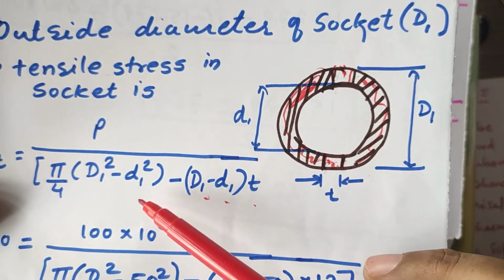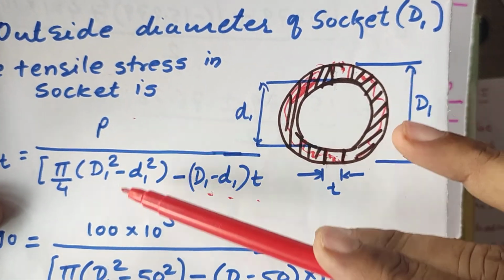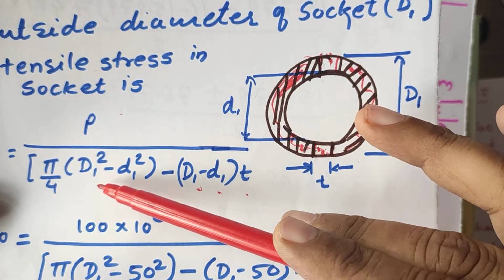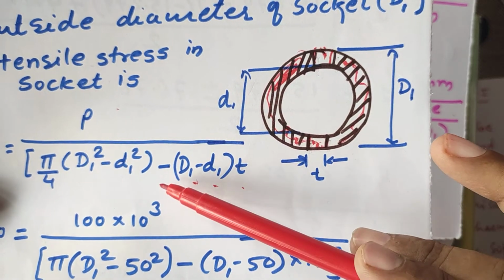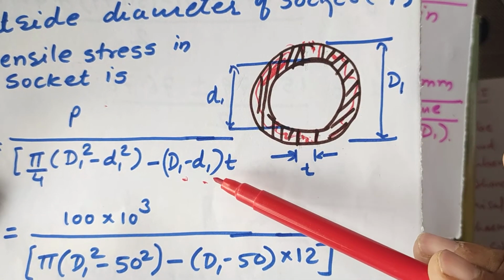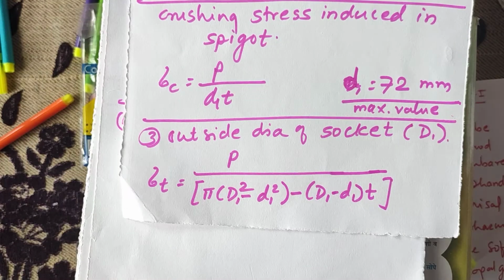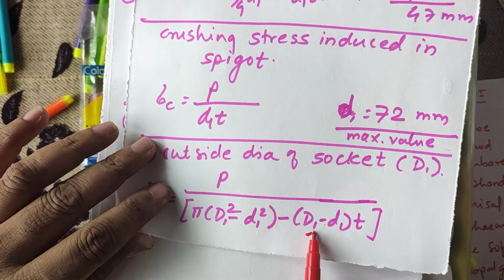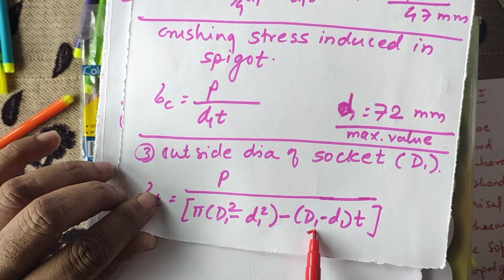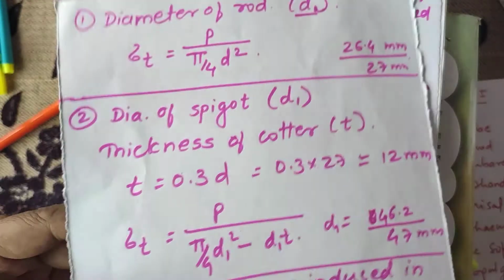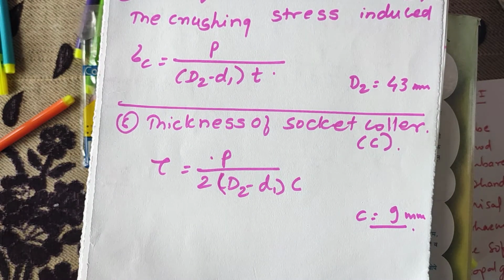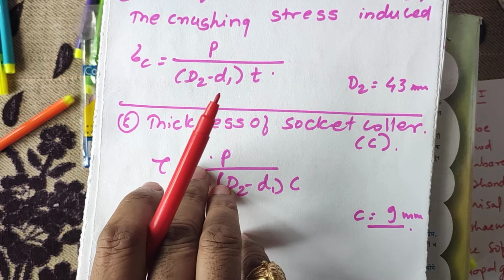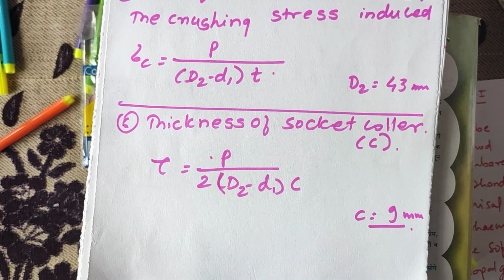So the formula is P upon pi by 4 into capital D1 square minus small d1 square, minus capital D1 minus small d1 into T. Considering this, we find the dimension capital D1, the outside diameter of the socket. To find this, you have to use the quadratic equation, then you solve this.